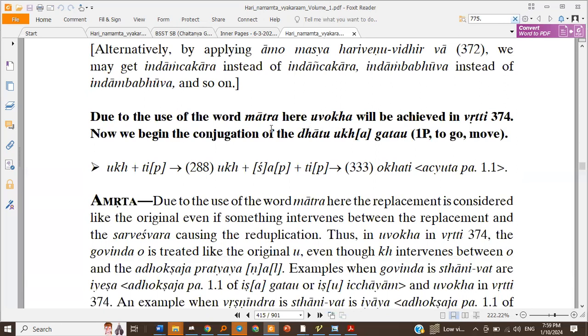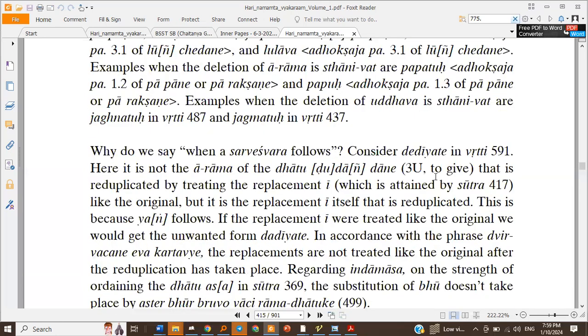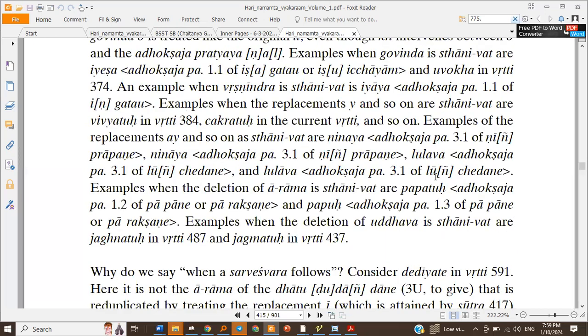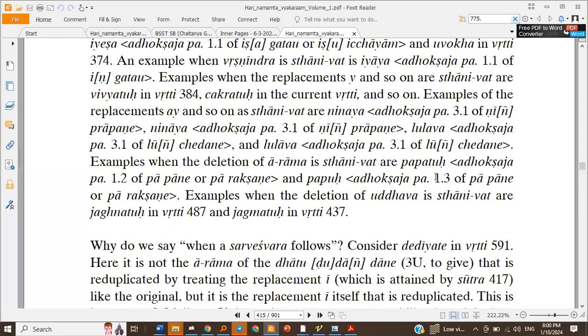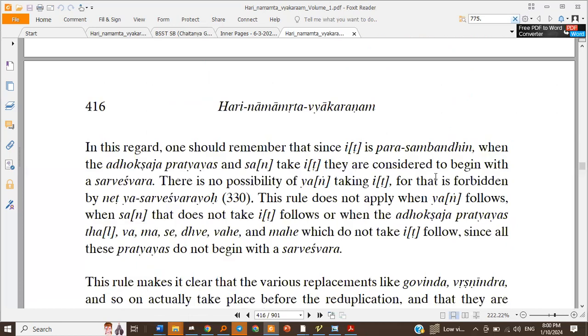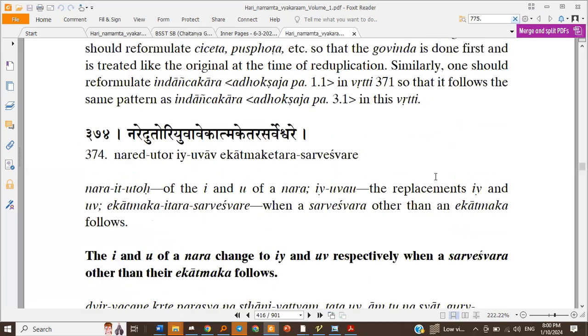Then the next dhatu is ukhagatau, which means to go, move. So uk tip shapkrishna dhatu ke and lagudvasa govindaha okhati and so on. Nare dutoriyu avekatmaka etara sarveshware.